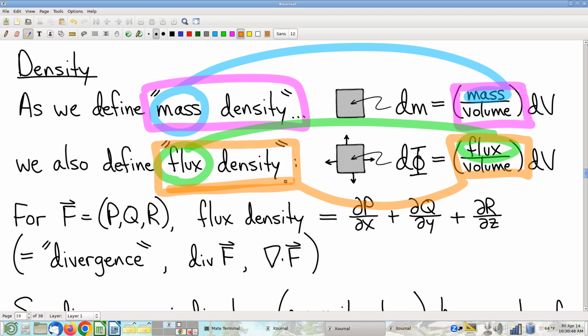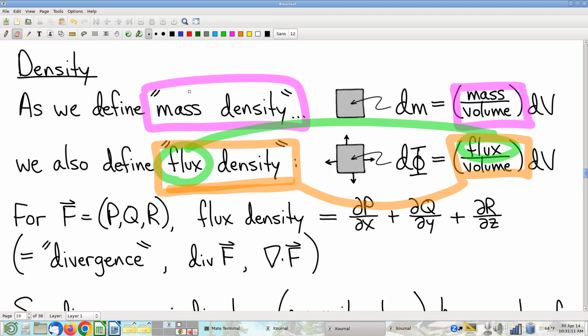So heads up. That's a real thing. This is in your future. So flux density is not only terminology to be aware of, but it is a point of view that's extremely natural. It's extremely instructive and natural and useful. So heads up on that.